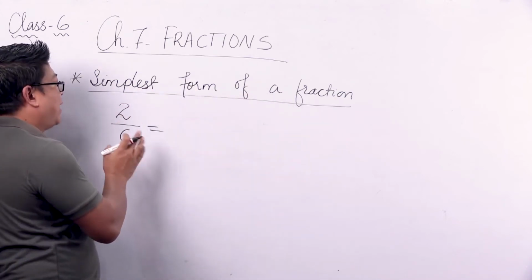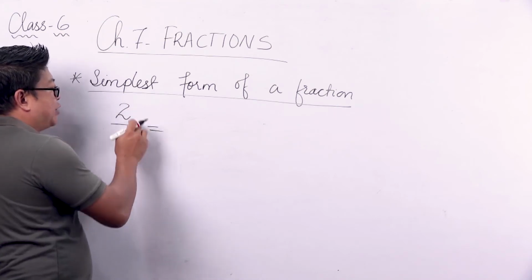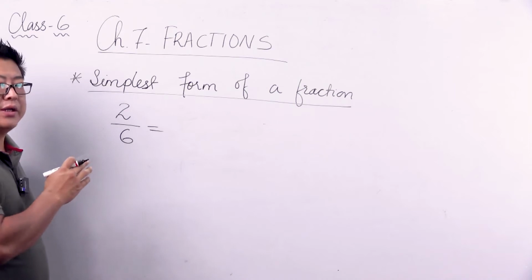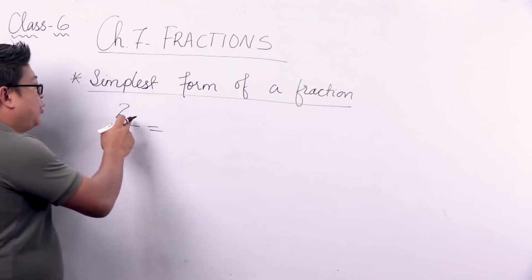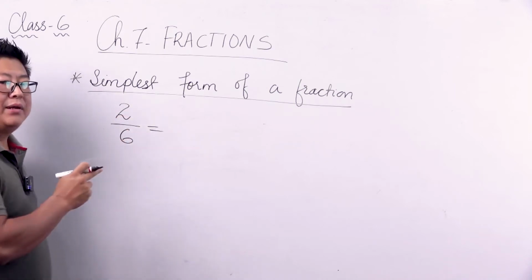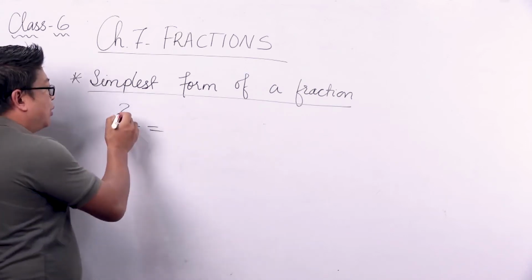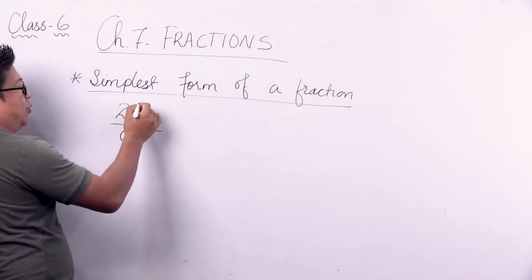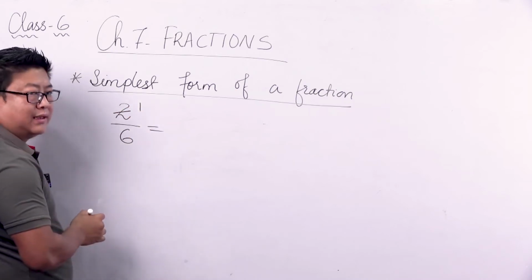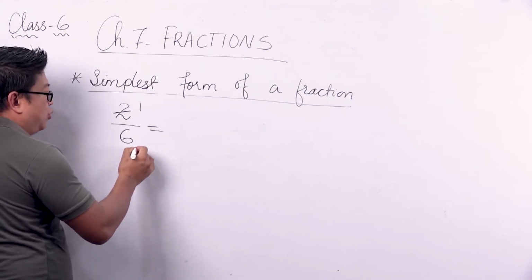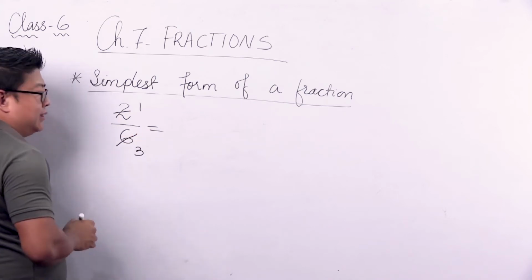Now, what we have to do is, let's compare these two, 2 and 6, and check in which multiplication table they come under. If you look at 2 and 6, they come under the same multiplication table of 2. So I can do like this, 2 into 1 is 2, isn't it? And the same 2, I will check here, 2 into 3 is 6.